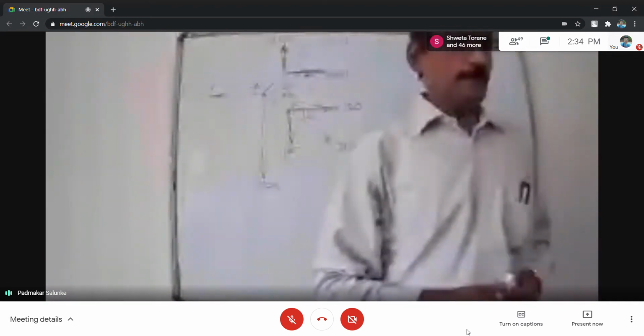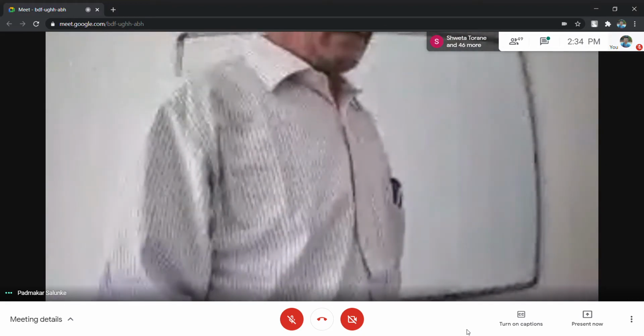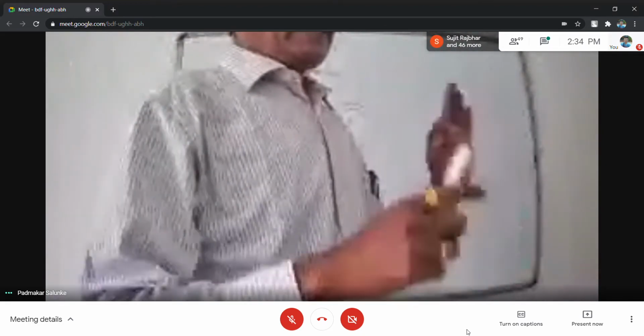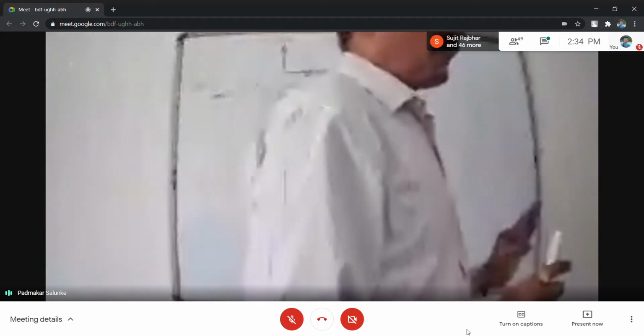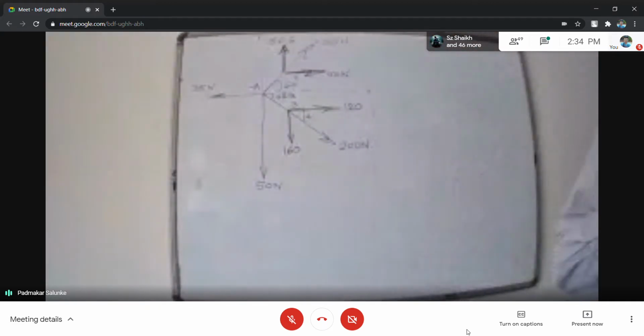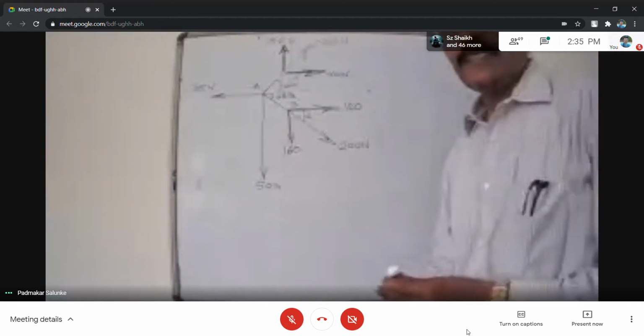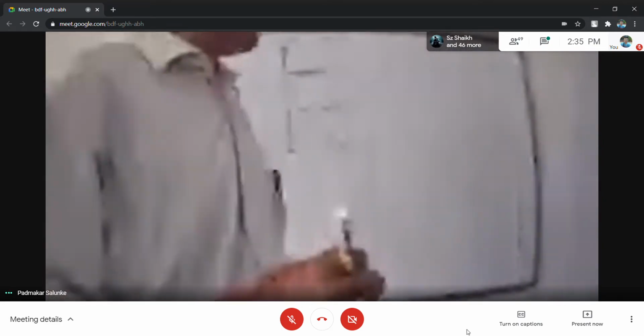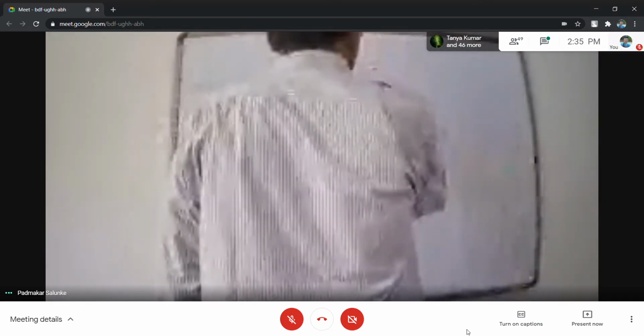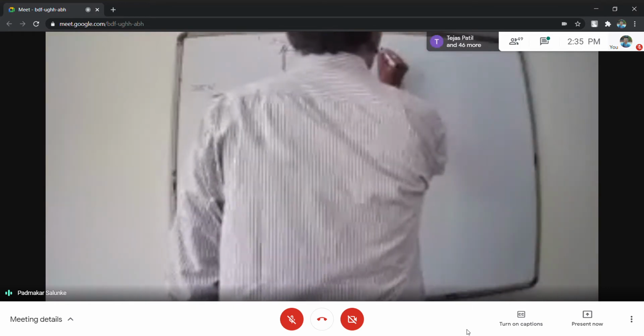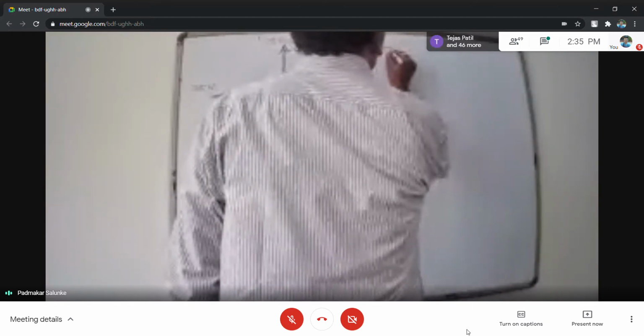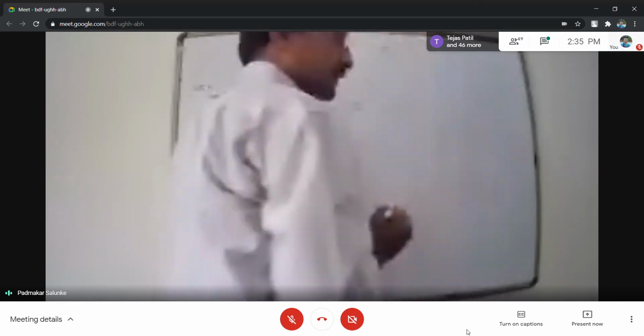Step number two. In your notebook, please write: by taking the algebraic sum of x components of forces, that is summation Fx.